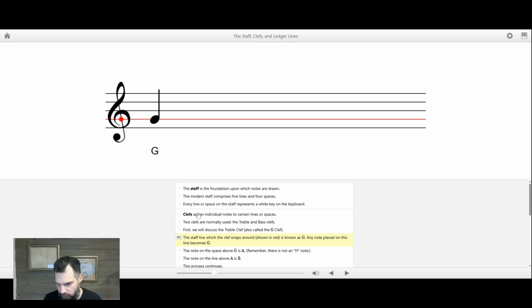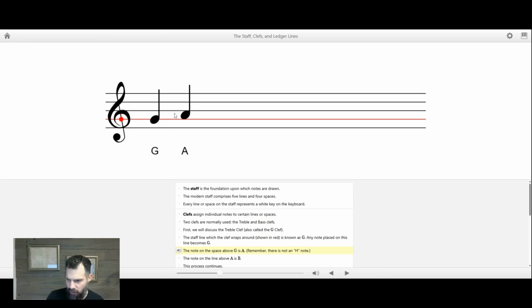Repetition is key to learning, so I'm probably going to be repeating myself a lot. This is the G clef. It wraps around this line, which when you see this clef, this is G. Therefore, the next space, so this line represents a note.